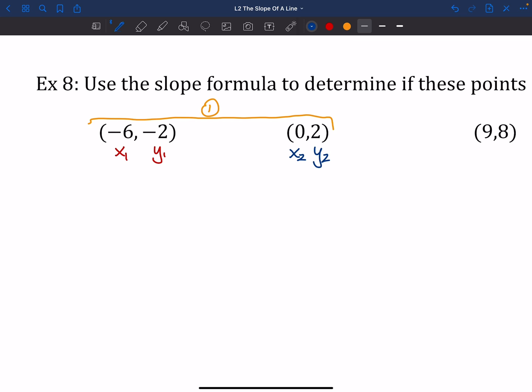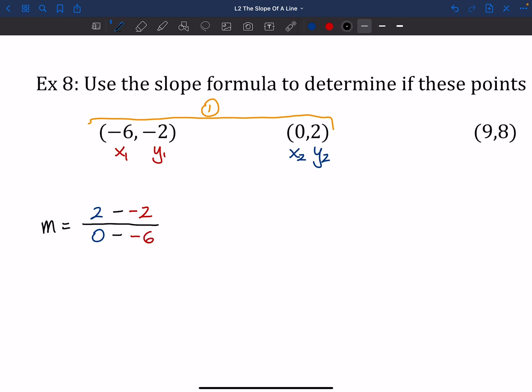Same thing as always, we're going to set up our skeleton, m equals a big fraction with some subtraction. It's really hard to say if you try to say it out loud. We're going to have y2 minus y1 on the top and x2 minus x1 on the bottom.